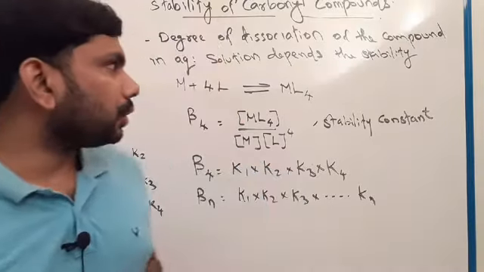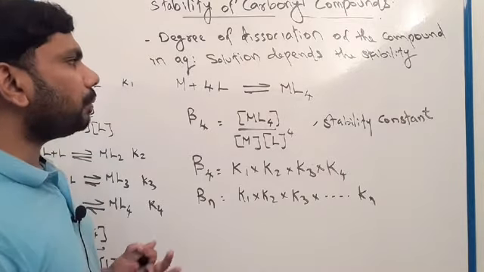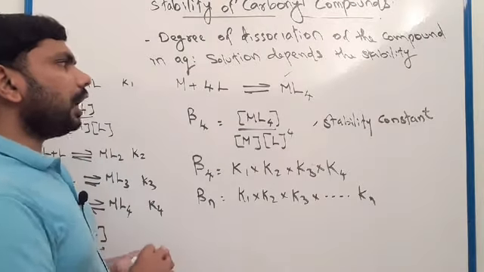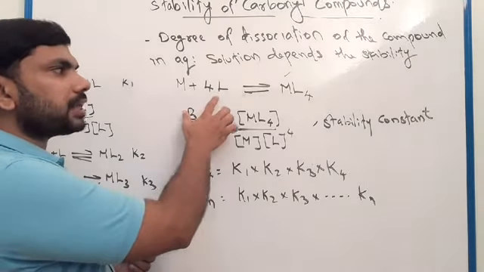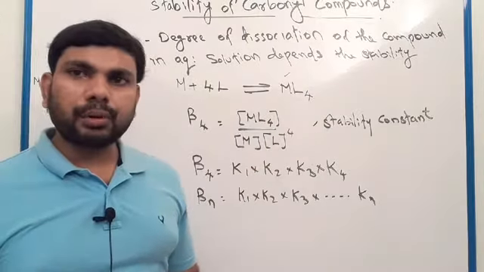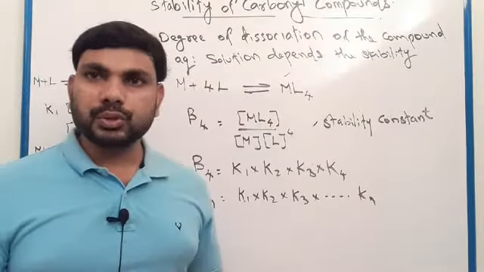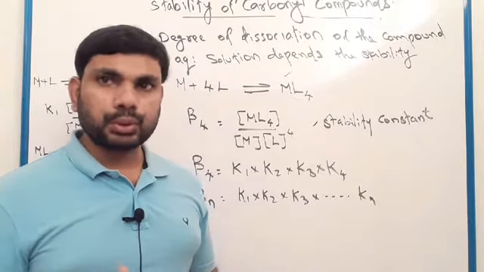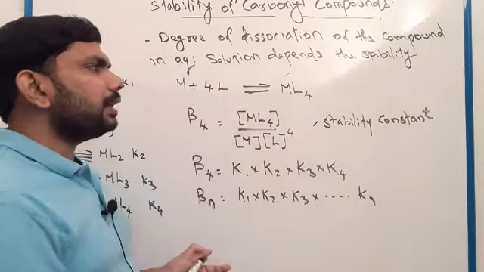Look here, imagine a coordination compound, a metal with 4 ligands. How is this compound formed? One central metal atom attached with 4 ligands forms a coordination compound. In aqueous solution there will be a dissociation, a degree of dissociation. The compound will ionize in aqueous solution. Clear? And here an equilibrium is formed.